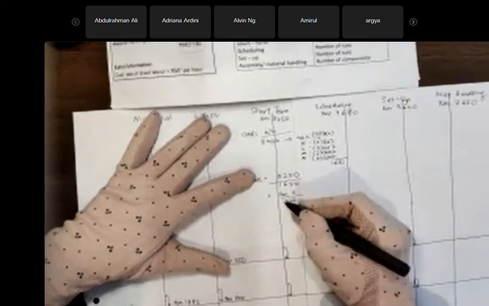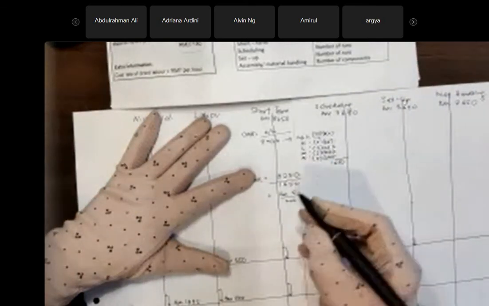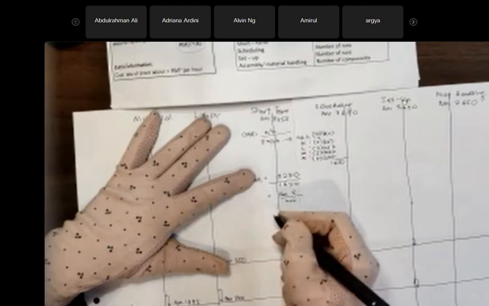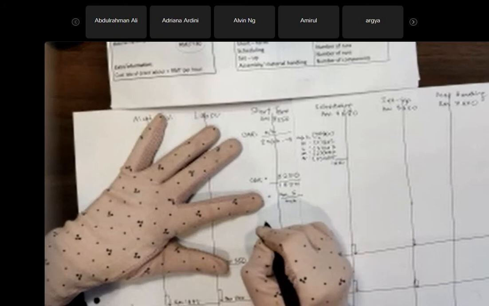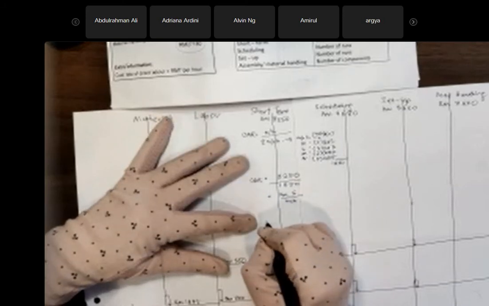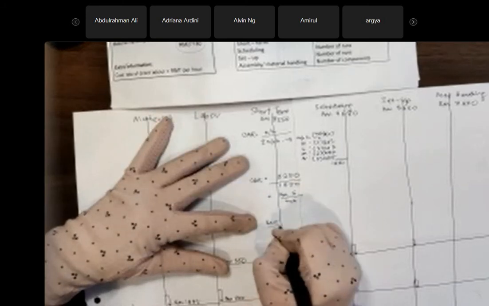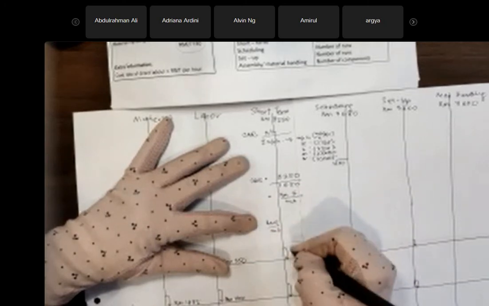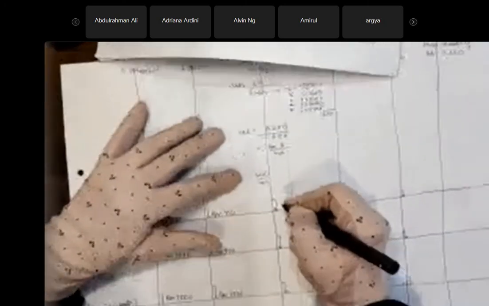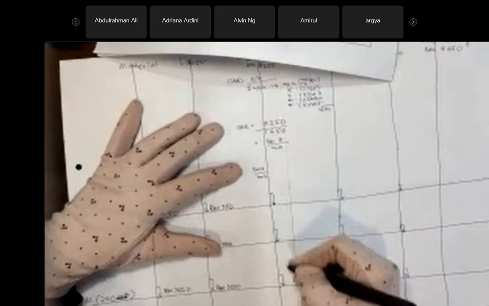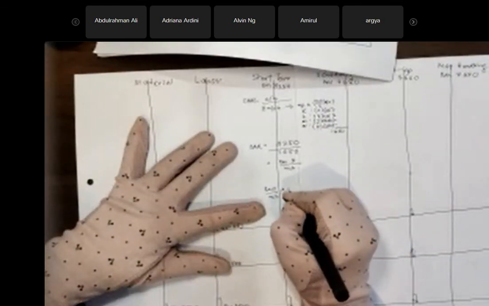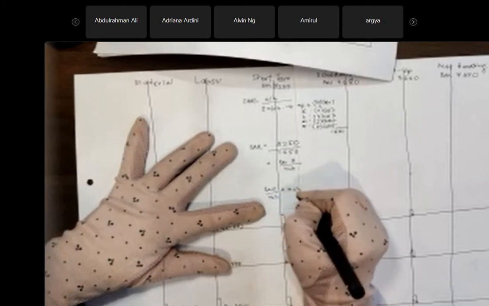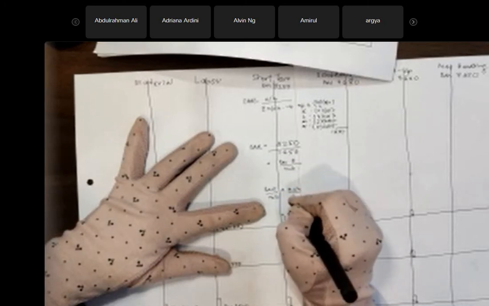Okay, now you have to distribute RM5 per machine hour for all the products. But the equation, you have to see the unit. You already have the machine hour, so you know one by one must be in RM. So this one is RM per machine hour, so you have to multiply by machine hour, but they just give you machine hour per unit.